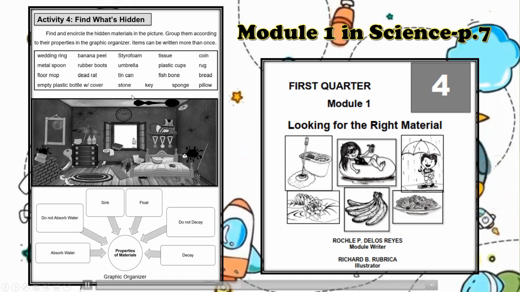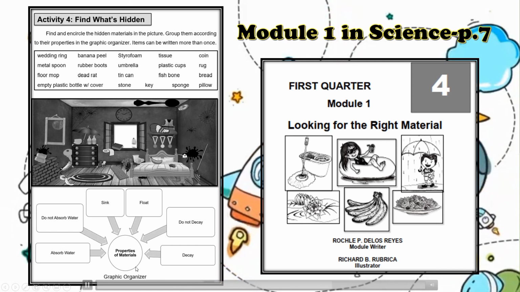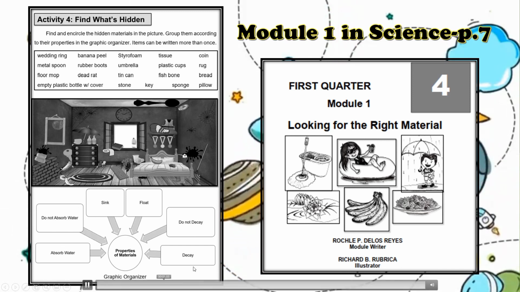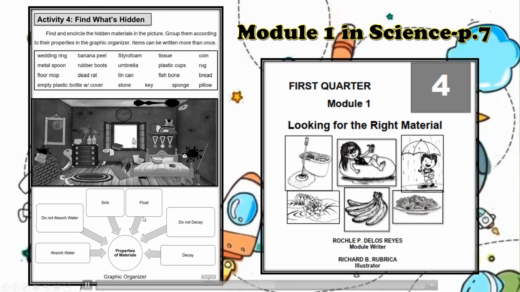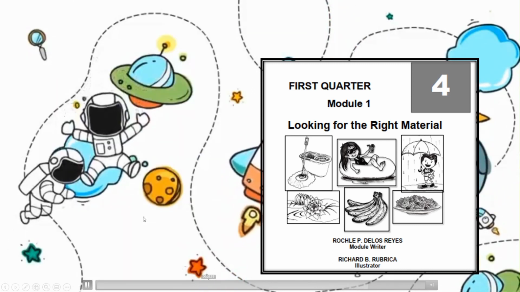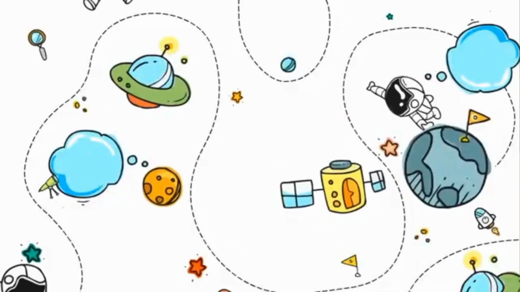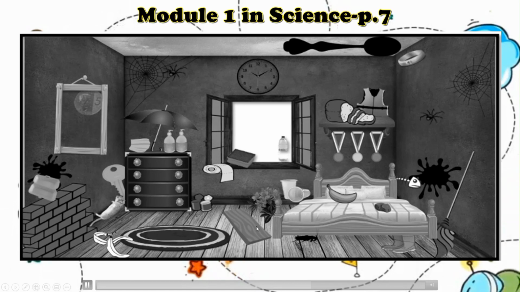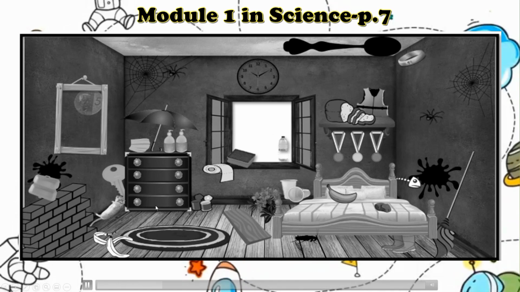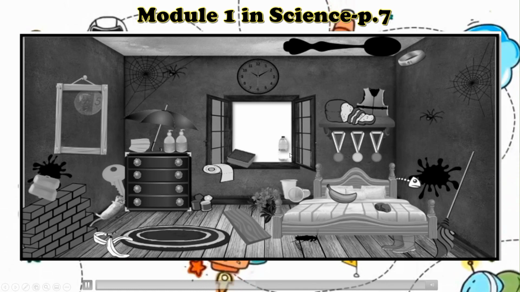Afterwards, you are going to group them according to their properties in the graphic organizer below. Items can be written more than once. This is the clearer copy of the picture on page 7 if ever those pictures appear unrecognizable on your printed science module.